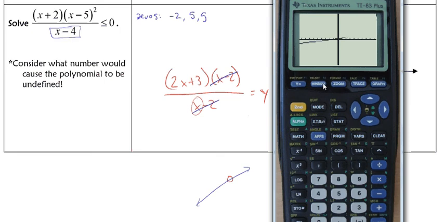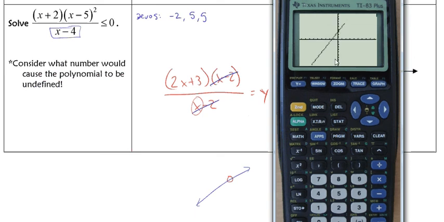Actually, I'll need to change my window. Notice that it's at negative 9.4 and 9.4. I guess there's 94 pixels on your calculator. To actually be able to see the discontinuous point, you need to have the right scale on there. Otherwise, it will plot a point next to it, and you won't actually see the missing point.